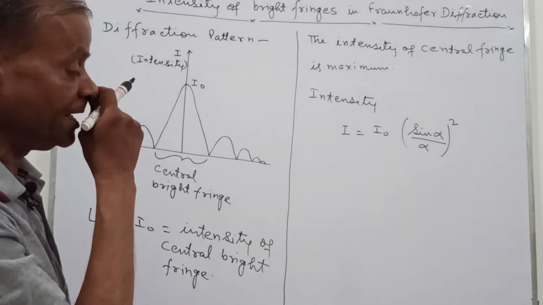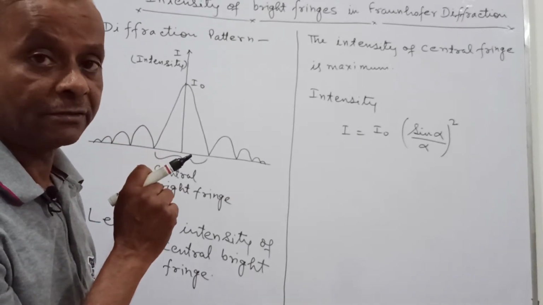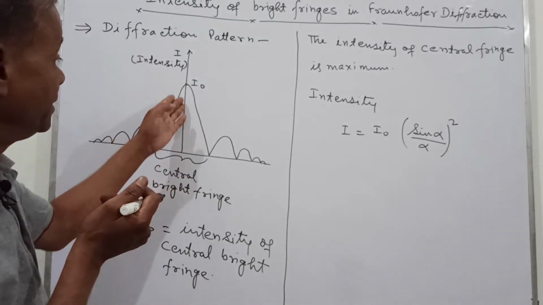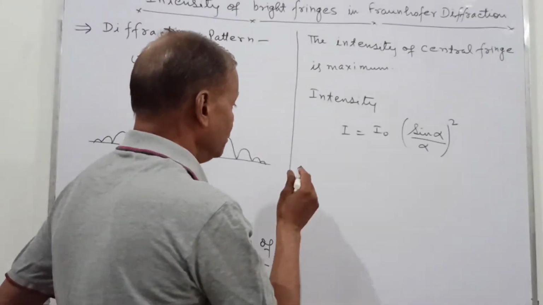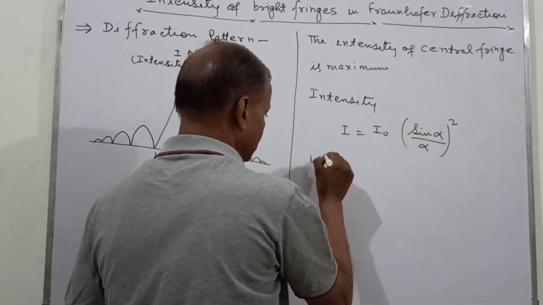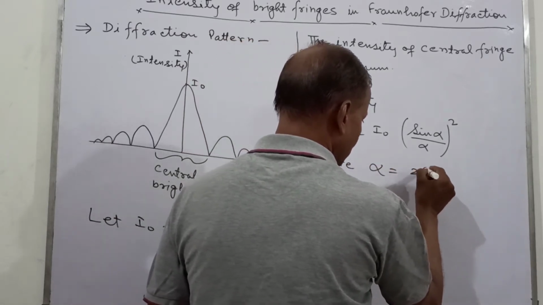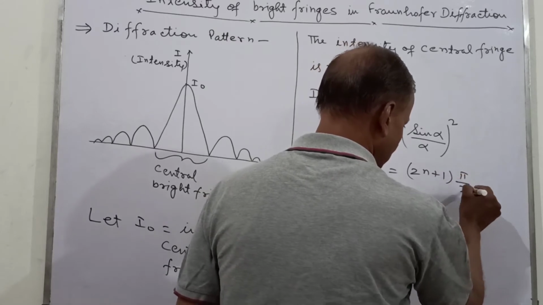Now you can see that alpha is a variable factor, and I naught is the maximum intensity that we have taken here for the central bright fringe, where alpha is equal to (2n plus 1) into pi upon 2.